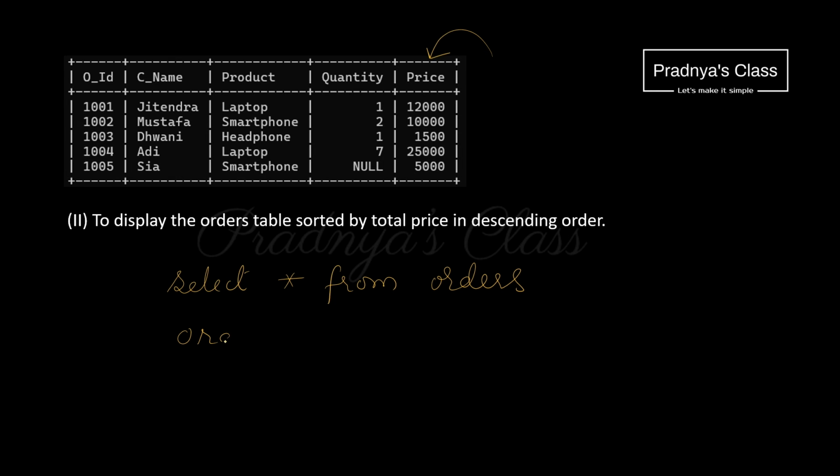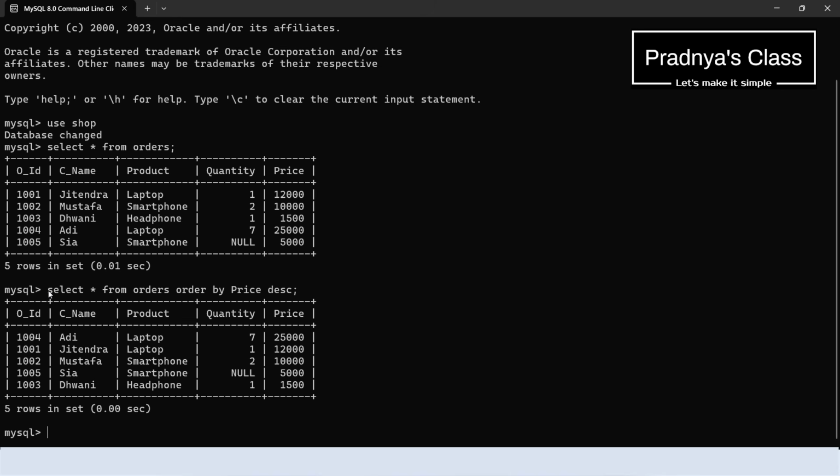Here is the order by clause. Order by price, we have to display in descending order. So, we will be using the DESC clause. This query was simple. After the execution of the query, look at the output. The records are displayed based on the descending order of price.